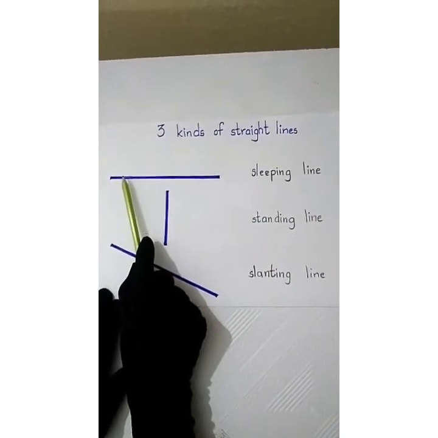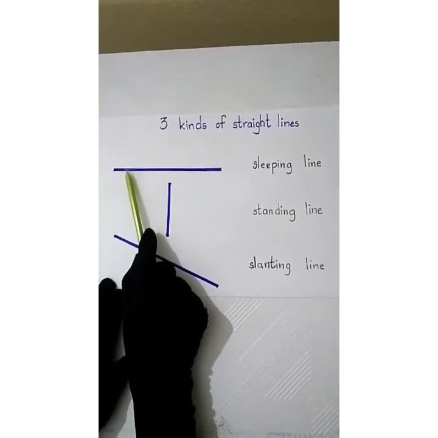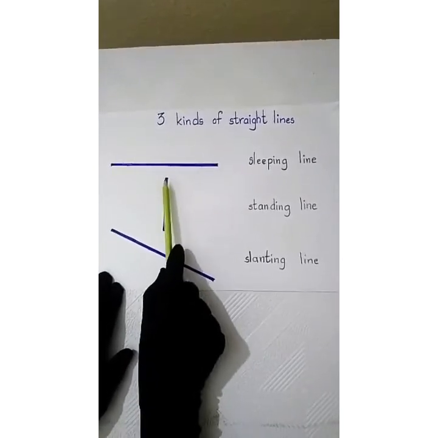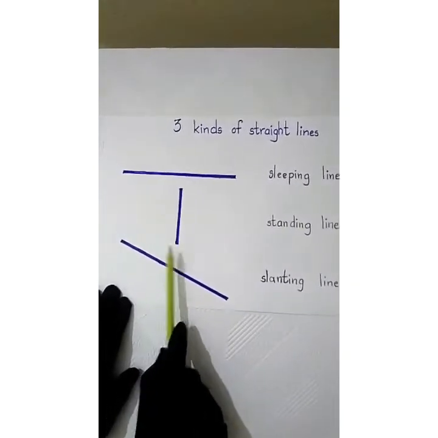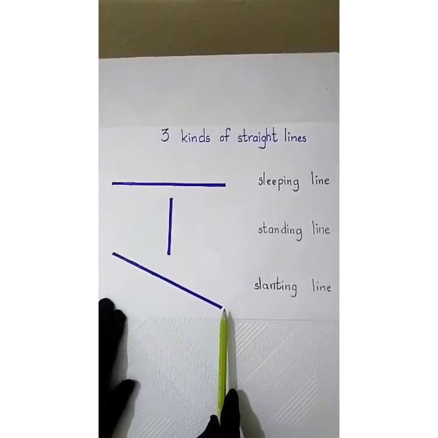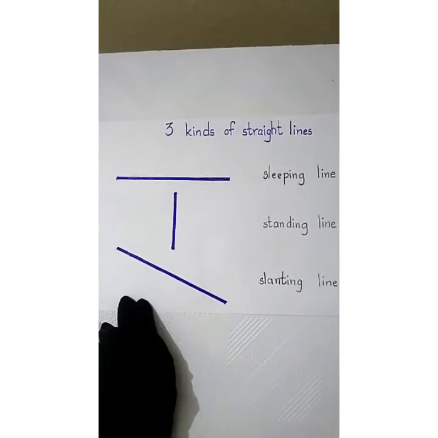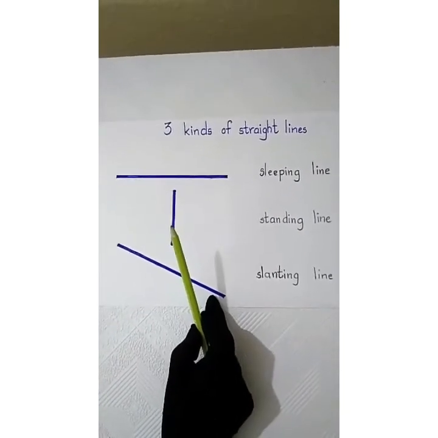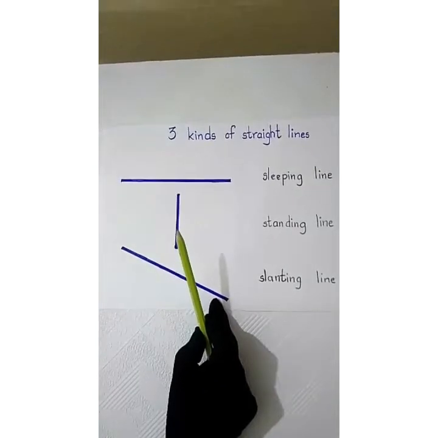Beta, it is called sweeping line because we sweep straight. Standing line, we stand straight. Slanting line like this. Okay? Using these lines, we can draw various shapes.